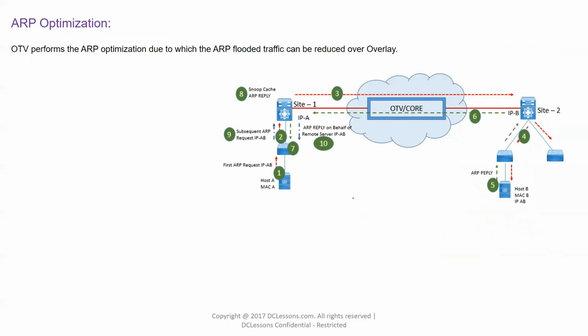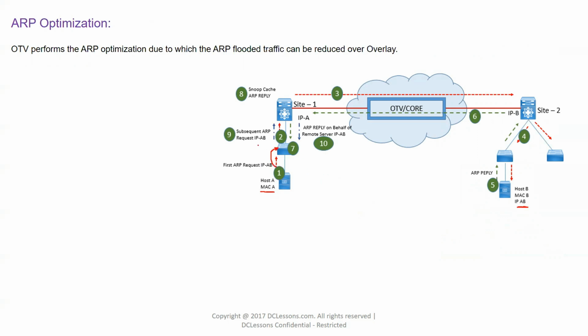OTV also helps in performing ARP optimization, due to which ARP flooded traffic can be reduced over the overlay. So let's see that host A wants to talk to host B, right? But it doesn't have the MAC address of host B. So it will send an ARP request.